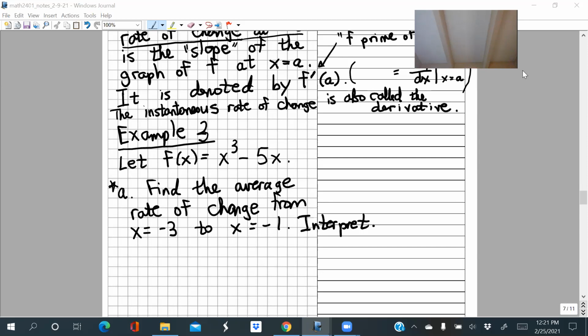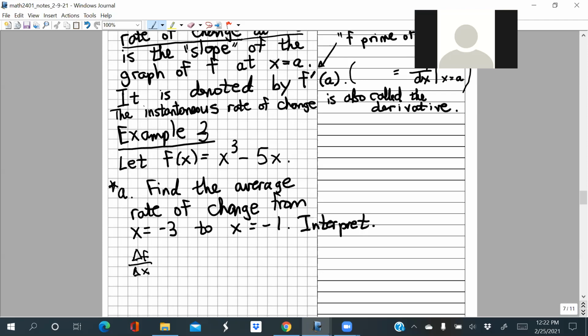Try calculating that for me. Remember, here's our notation for average rate of change. Samir, I may ask you this one, so try computing that.